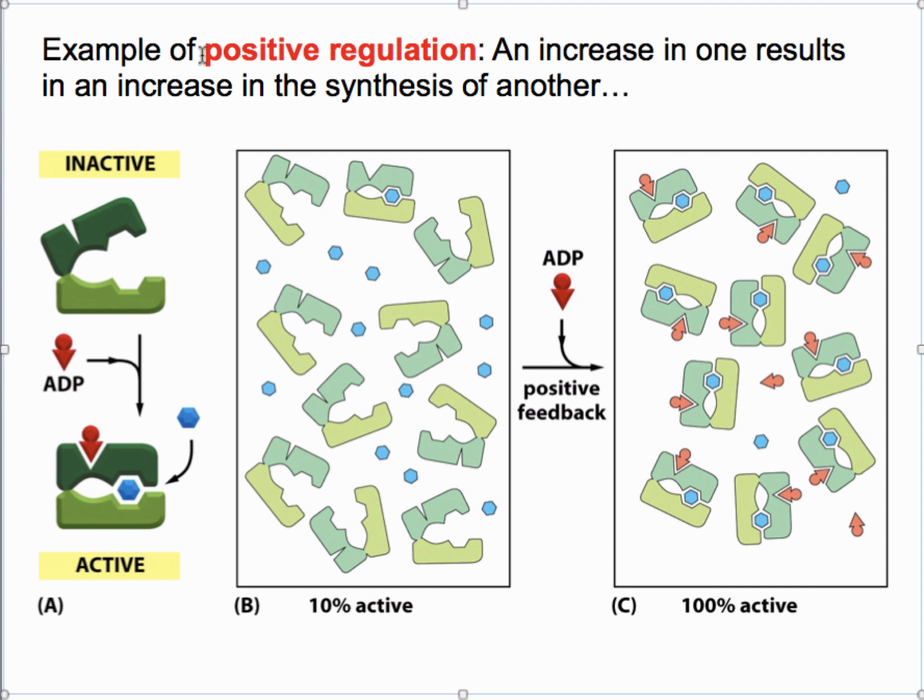So that's the main difference between positive regulation and negative regulation. Once again, positive regulation results in the activation of a target molecule caused by a ligand, and negative regulation results in the inactivation of a molecule caused by its ligand.